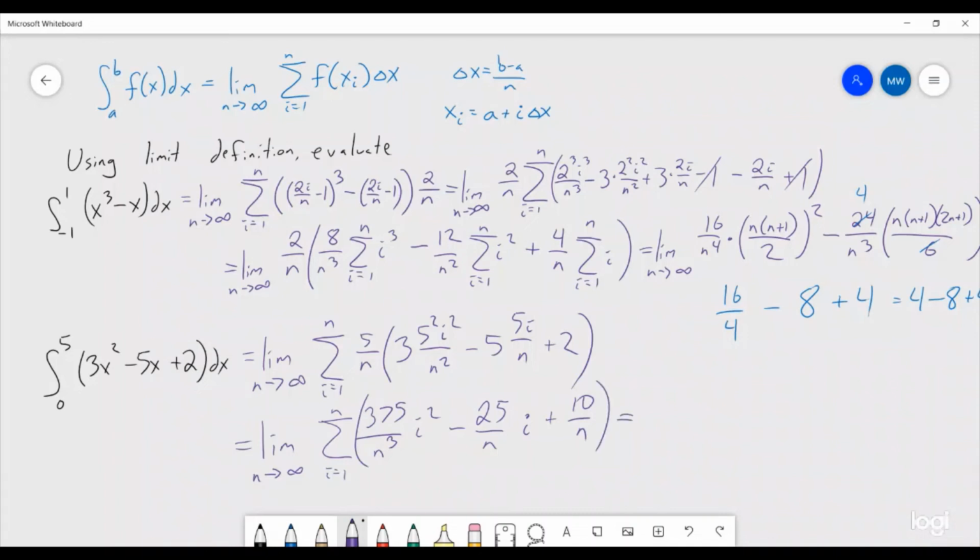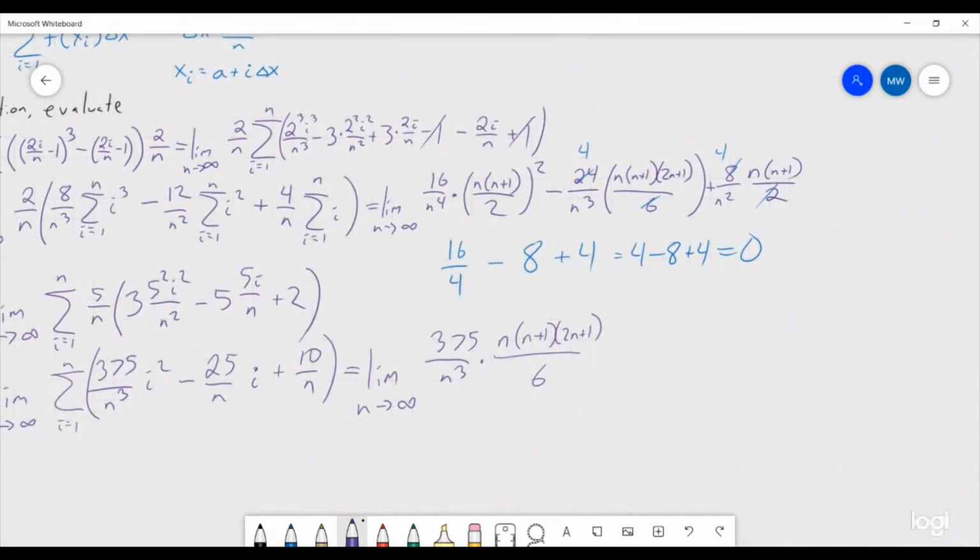So this goes to the limit as n goes to infinity of 375 over n cubed times n plus 1, 2n plus 1 over 6 minus, oh, whoops, that's n squared there. Okay, minus 25 over n squared, n plus 1 over 2, plus 10.